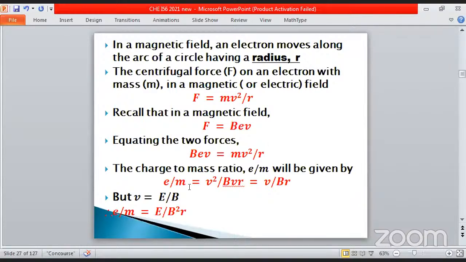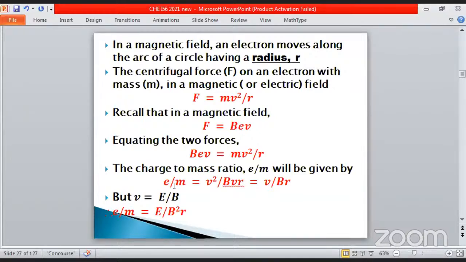This is what I omitted, where you have B, the magnetic field strength, multiplied by e and v equals mv squared over r. In a magnetic field, the electron moves along a circular arc such that the centrifugal force is equal to the magnetic field force.